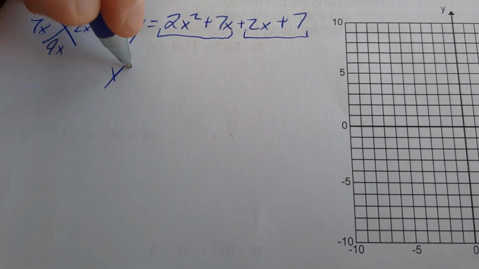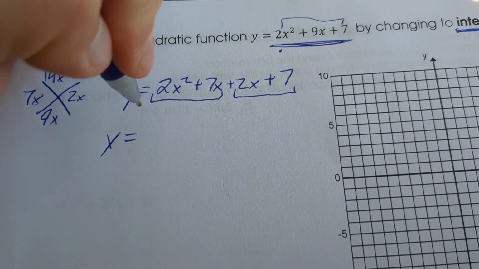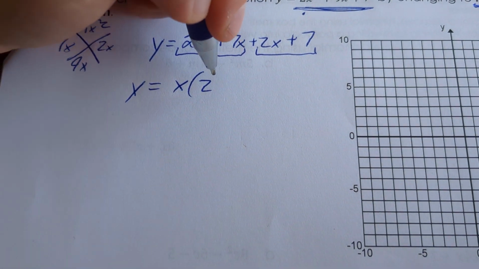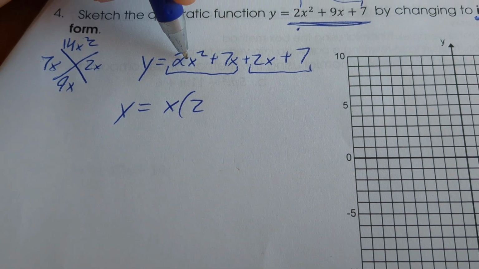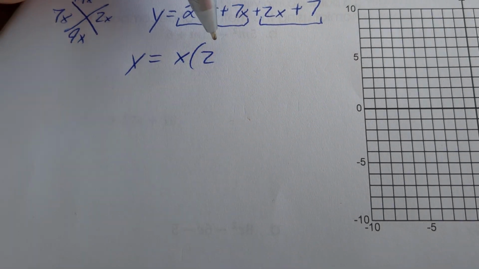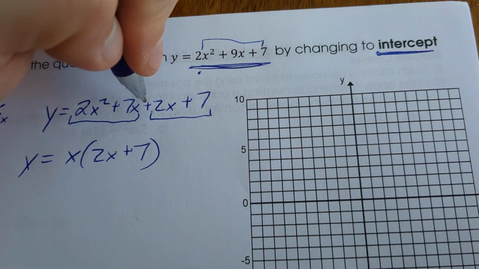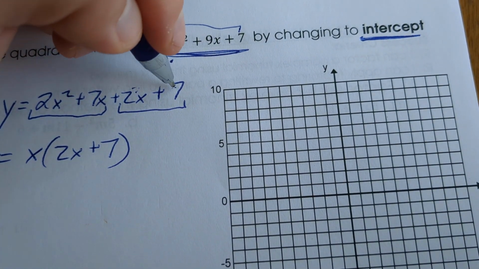So pulling out a common factor of each. Okay, so what's common between the first two is just x. And we're left with 2x plus 7. Yep. And then here, there's nothing in common between these two except for 1.